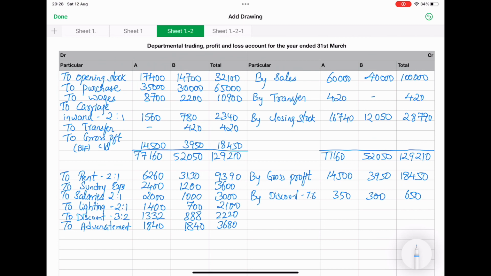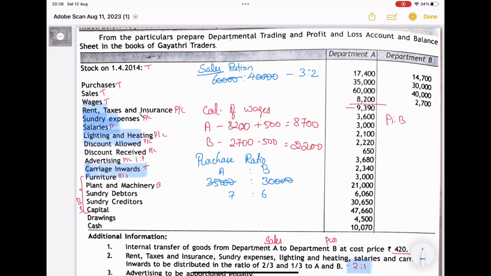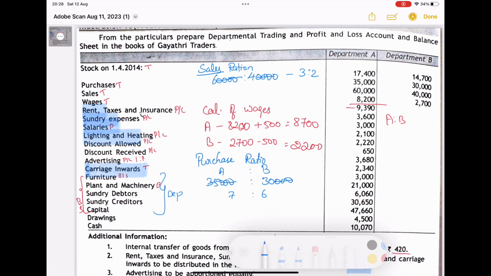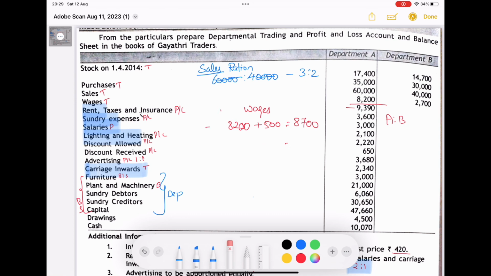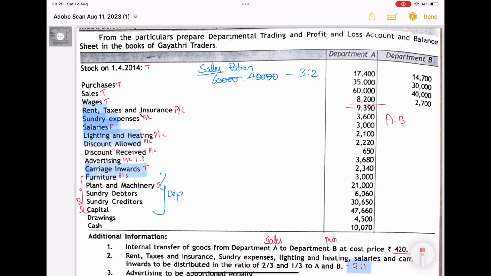Finally, we have the assets here. For these assets we are going to calculate depreciation. I'll calculate and show you how we are going to calculate depreciation. We have two assets, furniture and plant and machinery. The first one will be furniture.